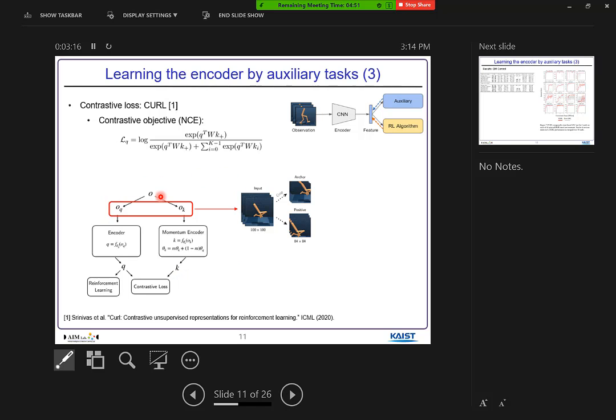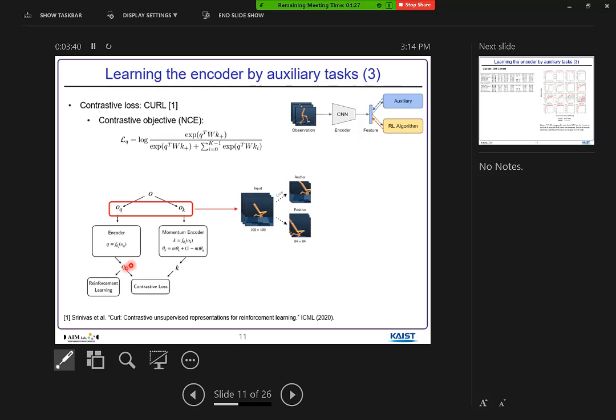Starting from the observation, it generates different augmented versions, and then they encode them with different encoders, similar to MoCo: the normal encoder and the momentum encoder. And then we obtain a query and a key, and they contrast them.